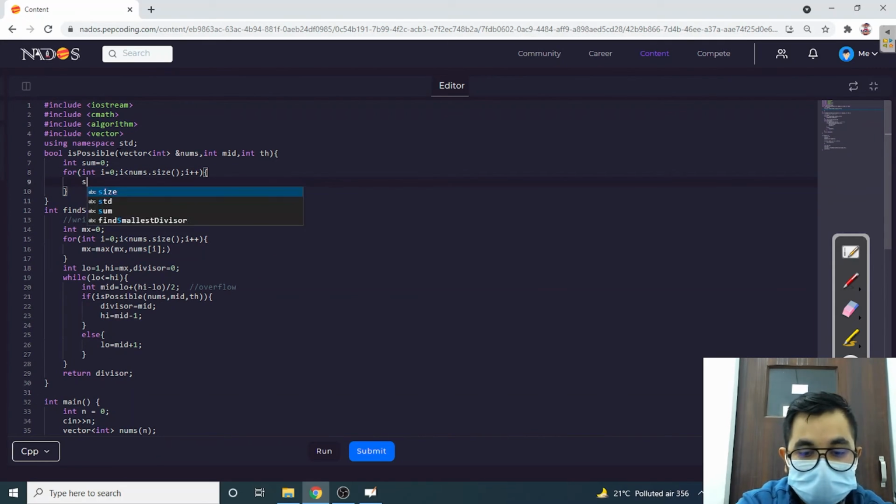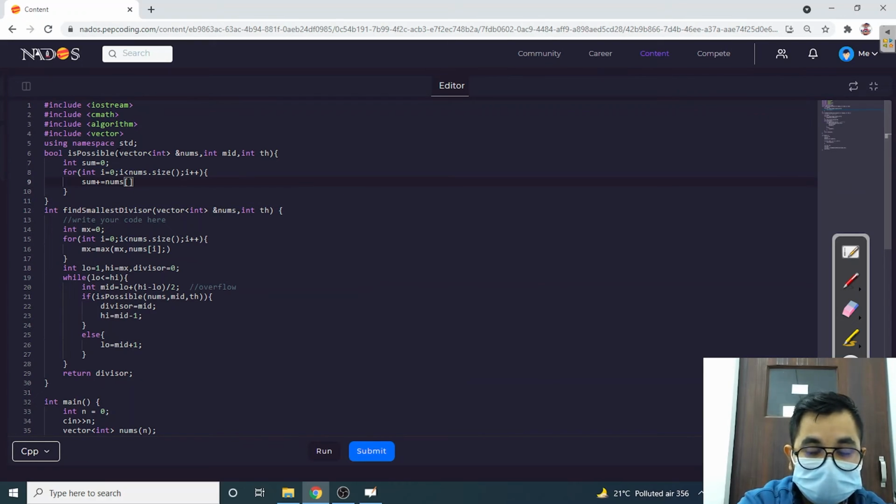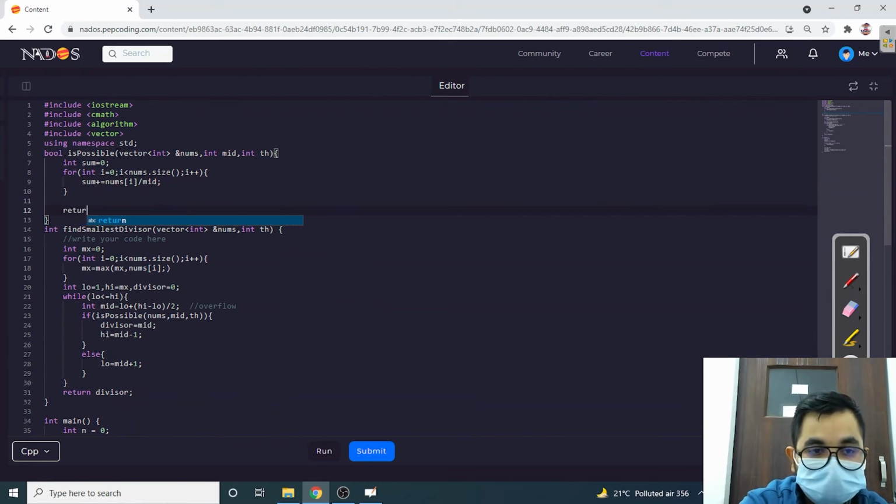Okay, now sum plus equal nums[i] divided by mid, and after this I need to return if my sum is less than or equal to my threshold. If this is true, then it is possible. This could be a possible divisor. Okay, if this is not possible, then I will return false.